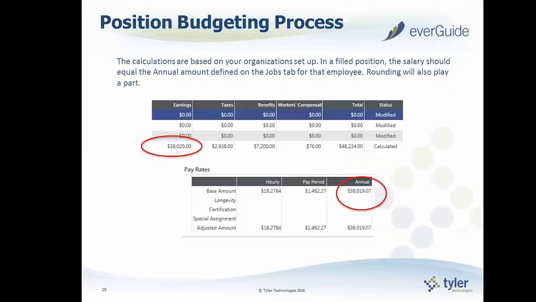When things are calculated, the system will pull the earning amount that is marked as the annual on the Jobs tab. So the Jobs tab, which is the lower picture, where it has the pay rate and it's got the $38,019.07, the position budgeting process for that same position calculated the earnings at $38,020.